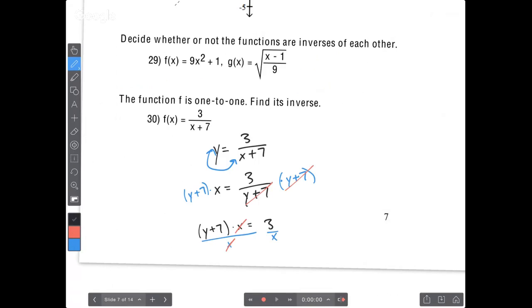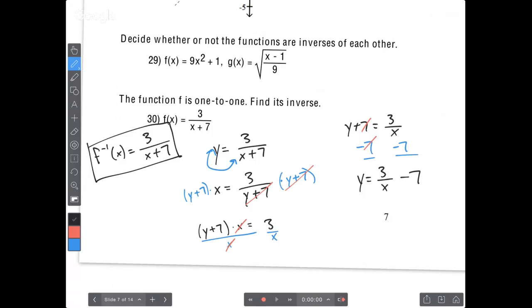So now I have y plus 7 equals 3 over x. And then I'm going to minus 7 on both sides to get rid of that. So now I've got y equals 3 over x minus 7. Cool. Final answer. F inverse of x is equal to 3 over x plus 7.